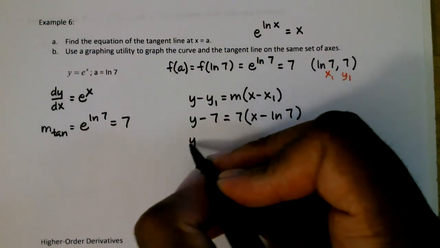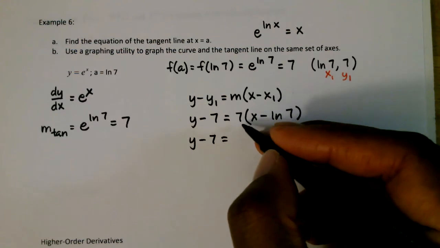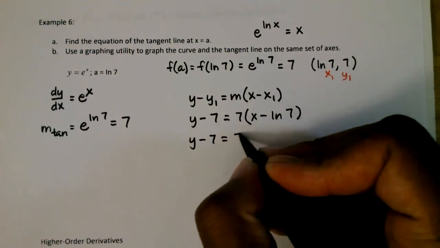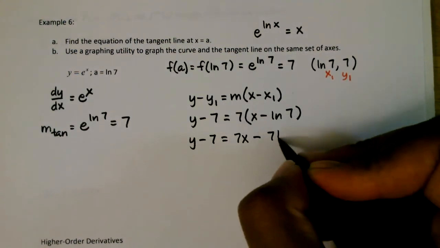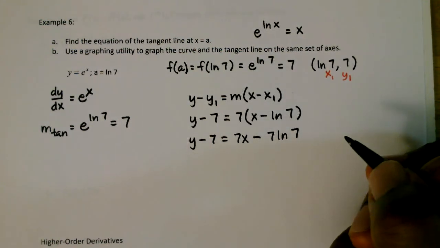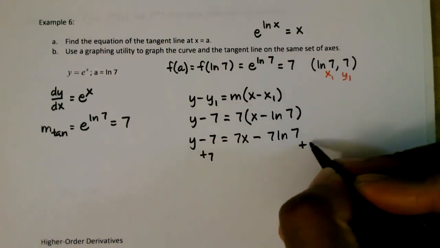All right, so let's simplify this. This will be y minus 7 is equal to, distribute the 7 over the x minus ln of 7. This will be 7 times x will be 7x minus 7 times ln of 7 will be 7 ln of 7. And then to solve for y, we'll add 7 to both sides.